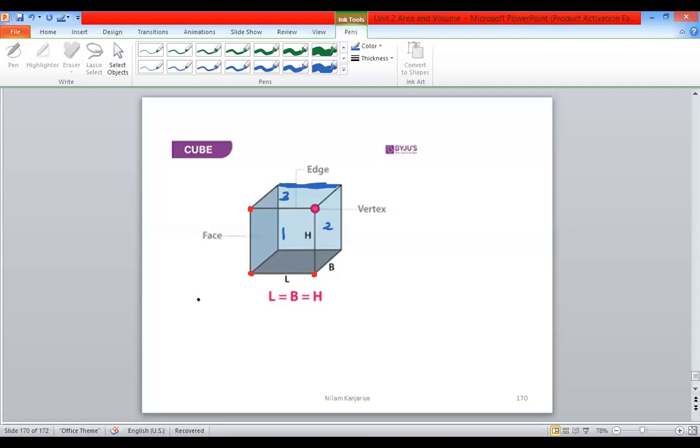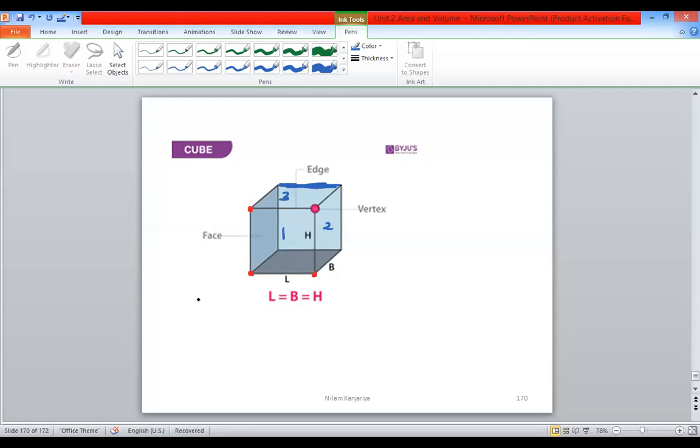A Rubik's puzzle cube is the best example of a cube, whose all sides are the same. Sorry, it has 6 sides.